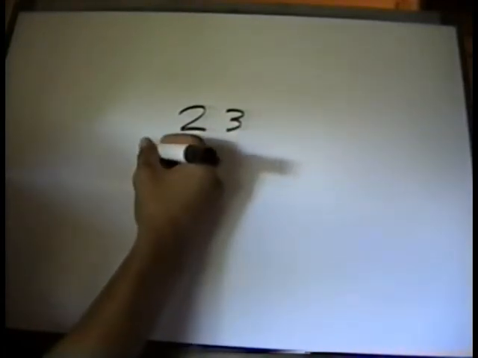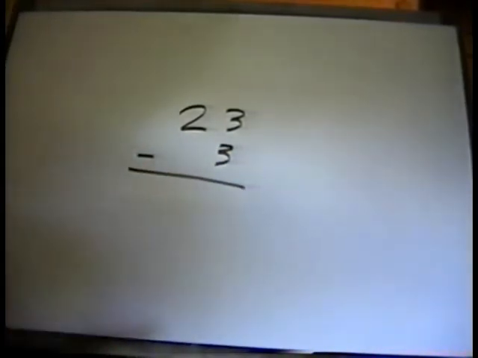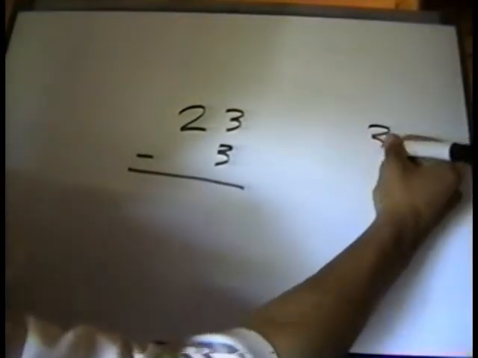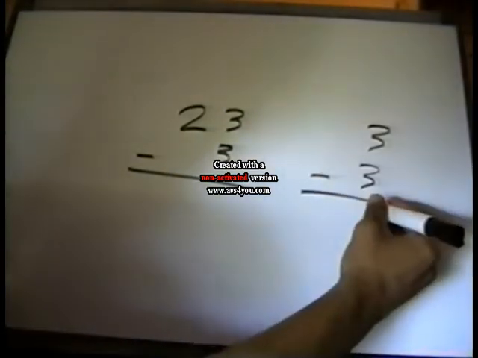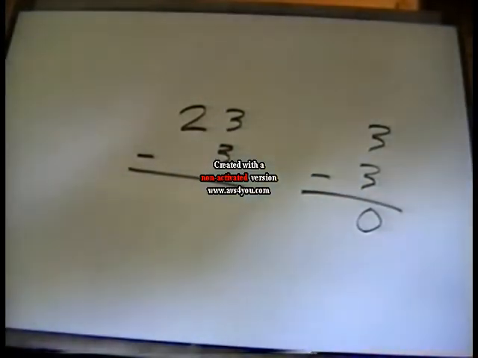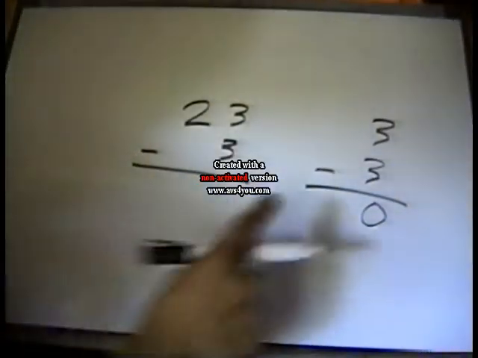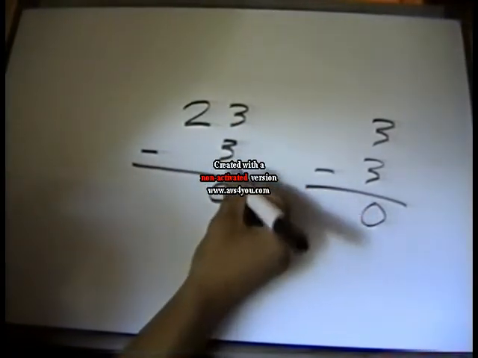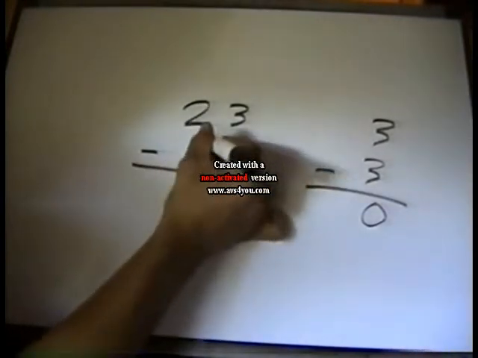Alright, now for this part we're going to do 23 minus 3. Okay, so we know 3 minus 3 equals 0, so here we're going to have a 0 here.